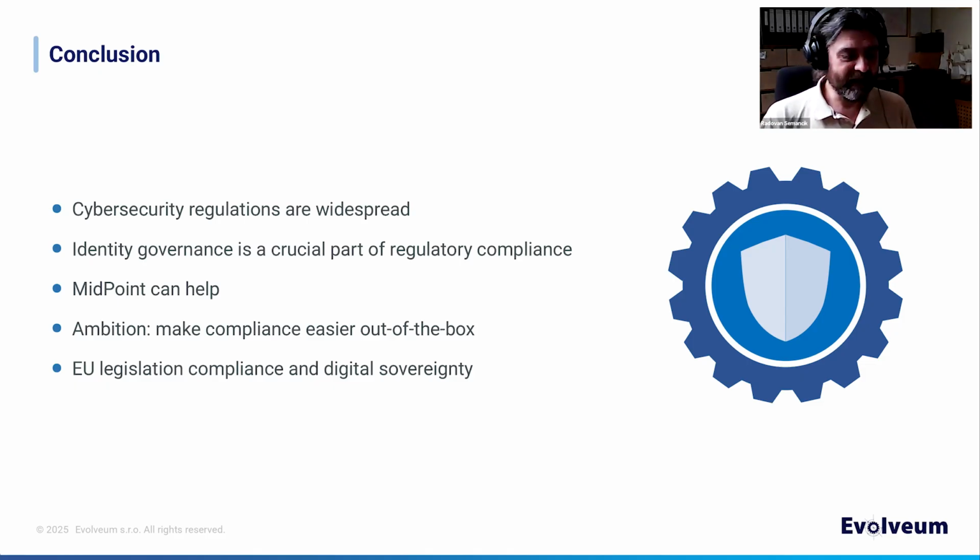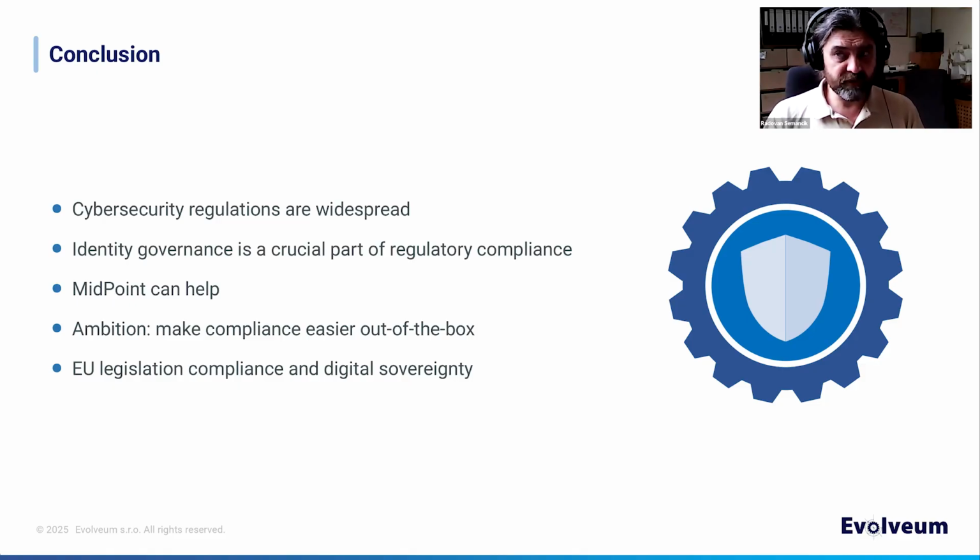Therefore, we have been talking about cybersecurity regulations, and there are a lot of cybersecurity regulations, both in Europe and the US and around the world. And as cybersecurity is a major problem worldwide, it is quite likely that cybersecurity regulations will get stronger over time, and they won't get any weaker.